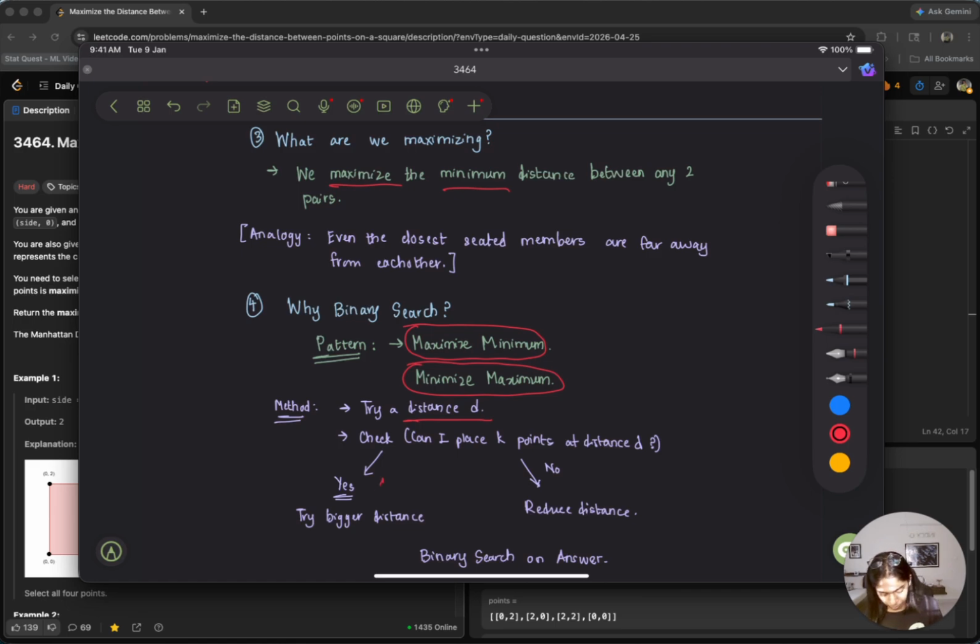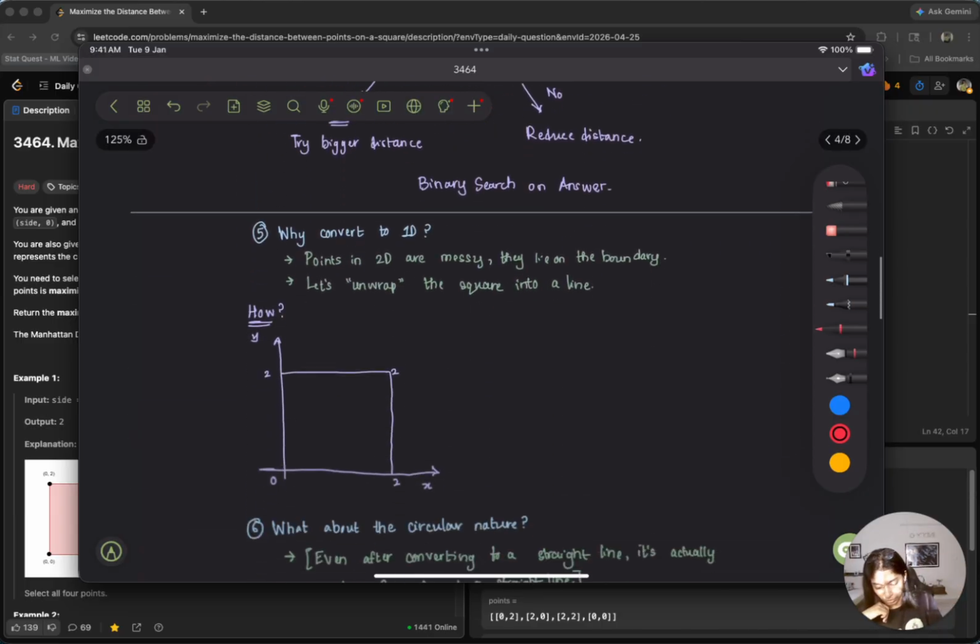And if you are capable, then you're going to try to increase that value of the minimum distance. Or else if it's not possible, you're trying to reduce that minimum distance value. And the goal here is to maximize that minimum distance value. So what we're dealing with here is a binary search where we get an answer and then we try to look to the right to find a better answer. So yeah, that is why binary search.